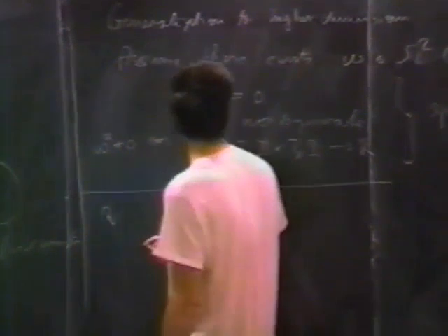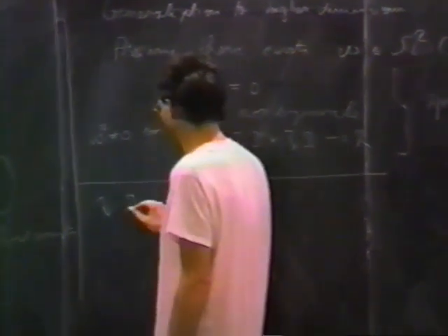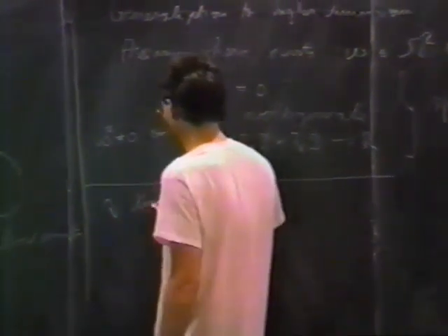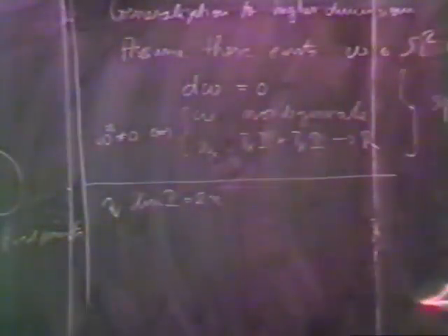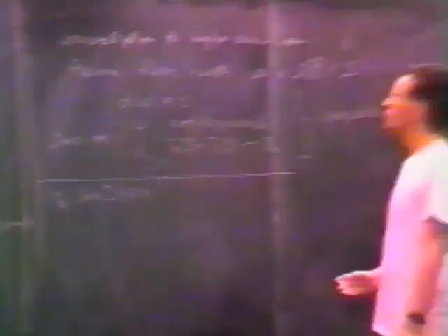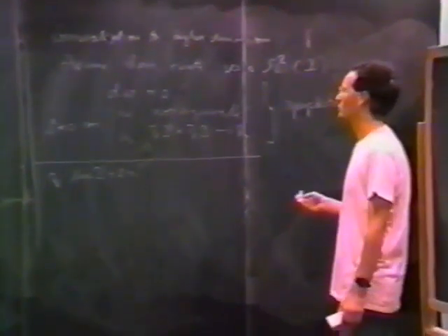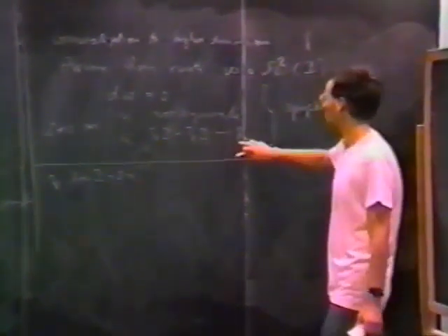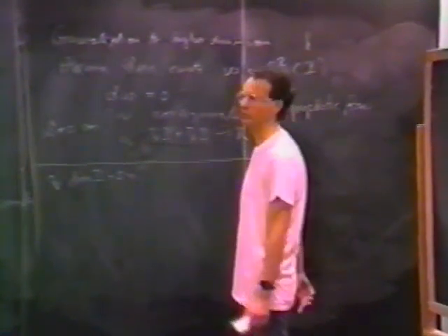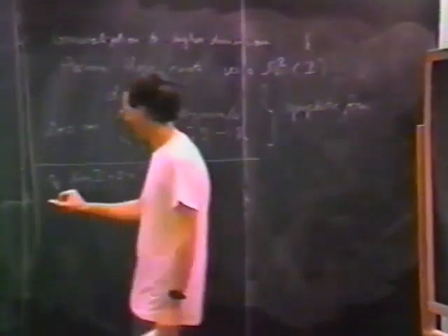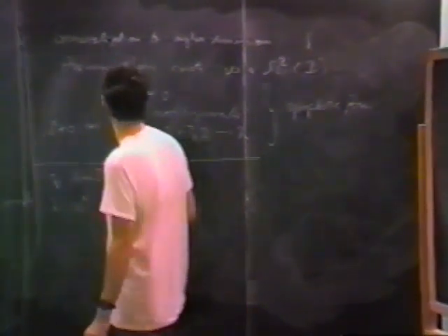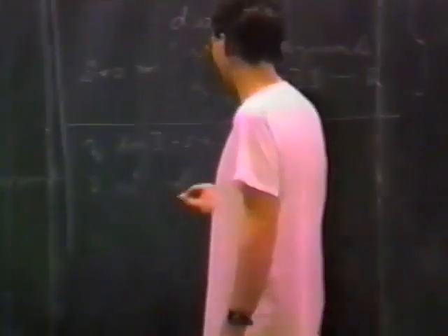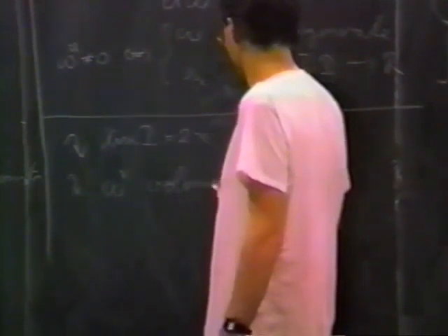One consequence is that the dimension of P is 2n, is even. There are no odd dimensional manifolds which have a non-degenerate form. Another consequence is that omega n vanishes nowhere as a volume form. So omega n is a volume form.